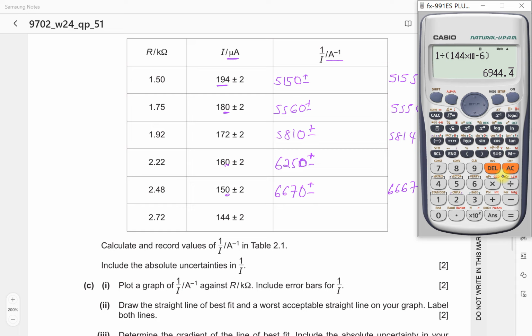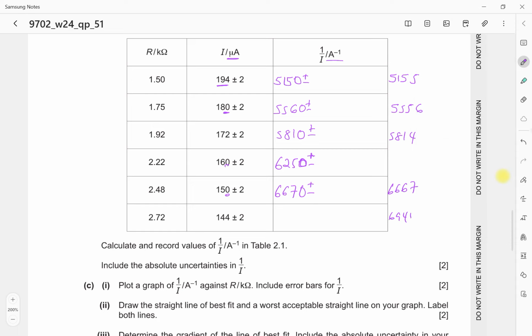So that is 6944 to 4 significant figures. I will just write 6940 to 3 significant figures. So the rule allows you to maintain the number of significant figures or to increase. If you're not sure, rather write more significant figures so that you don't lose the mark for this column.